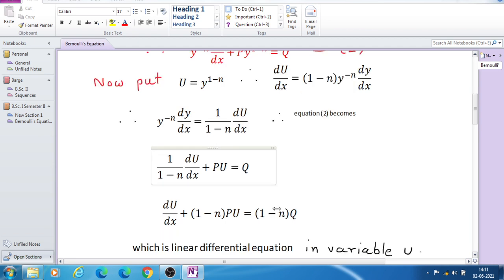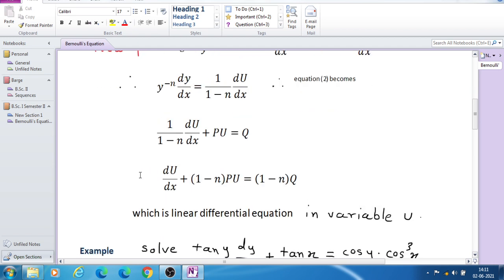So the coefficient of du by dx is 1 upon 1 minus n.